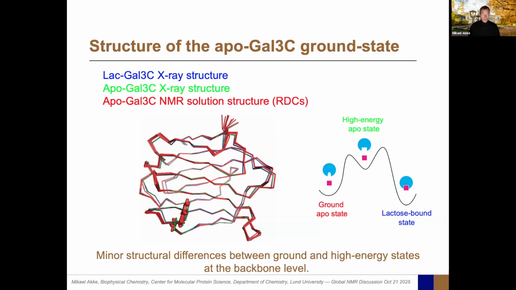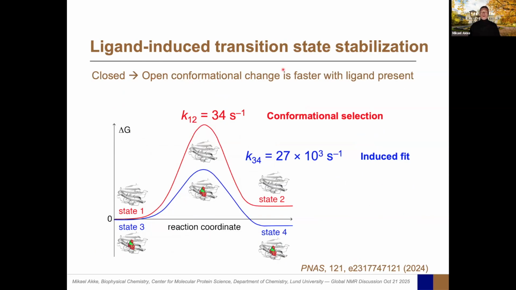What was the question now? There was another question. Oh yeah, the energy barriers. So I don't know if I should go back just to illustrate that again. This slide. So could you repeat the question relating to the energy barriers? Yes. Why does a small conformational change need to overcome a large energy barrier?